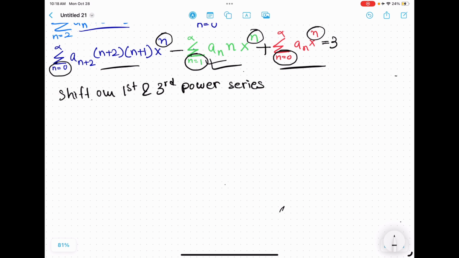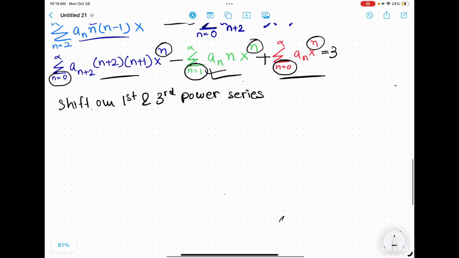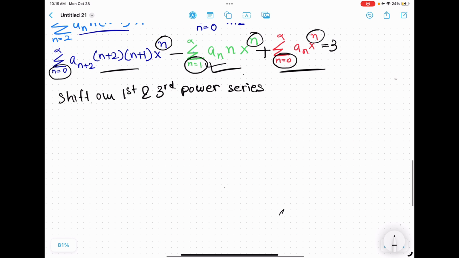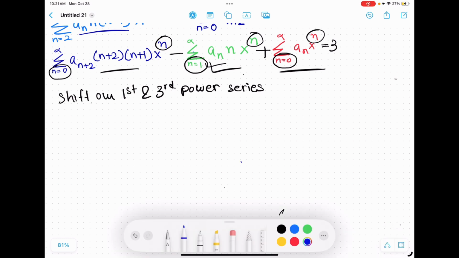Okay, so now we have to write our smaller term, that is the n equal to 0 term, for both my first and my third power series separately. So let's go ahead and write the terms for n equal to 0. I have my first power series, from n equal to 0 to infinity a sub n plus 2 times n plus 2 times n plus 1 times x to the power n.